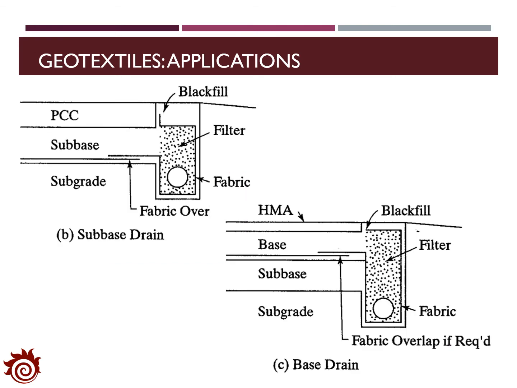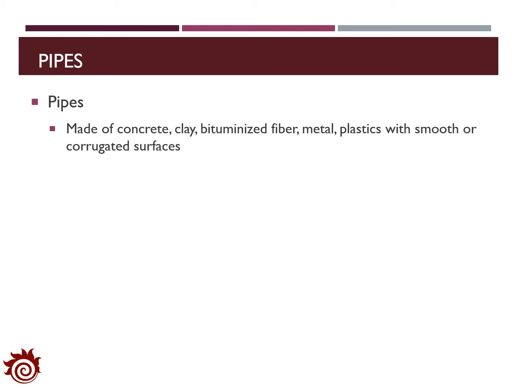In addition, the geotextile can also be applied for subbase and base strand, which will try to connect the edge joints with the subbase and base respectively. The third material applied for the drainage system is pipes, which is applied to remove the water from the pavement structure. Usually the pipes are made of concrete, clay, bituminized fiber, metal, plastics with smooth or corrugated surfaces.